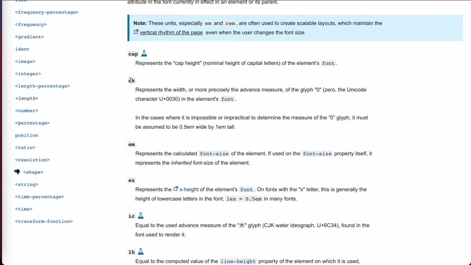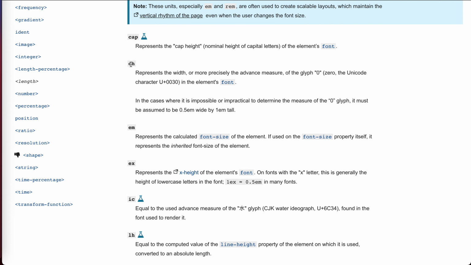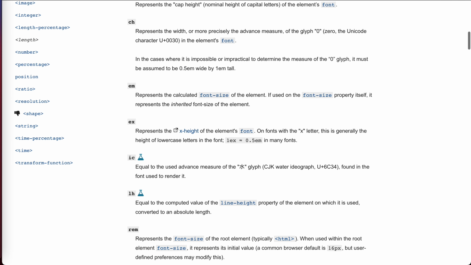Okay, and the next one is CH, represents the width, or more precisely, the advance measure of the glyph 0. In the cases where it is impossible, where there is no this glyph, it must be assumed to be half of the M. Yeah, half of M, and this word is familiar, right?